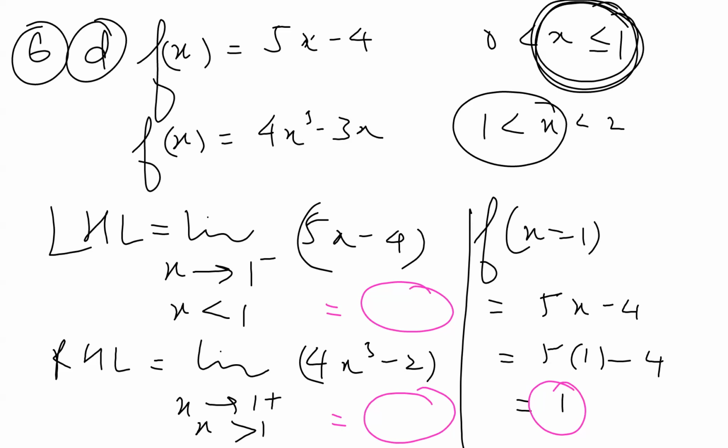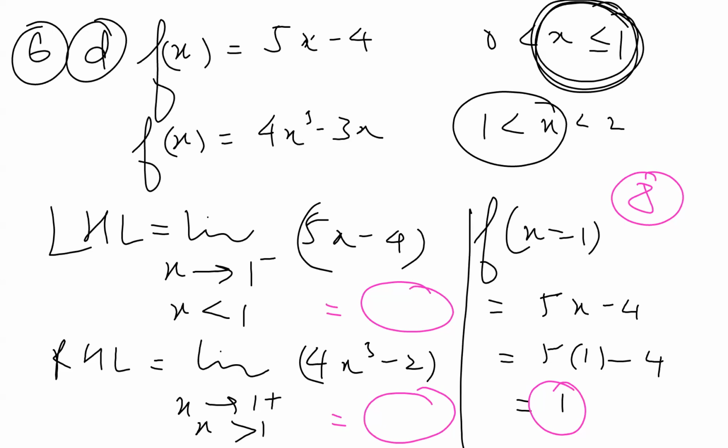Question number 8, you can solve it for self-study. You have to discuss the continuity at x equal to half. So LHL at x equal to half, half minus. So half minus, the function will be x less than half.